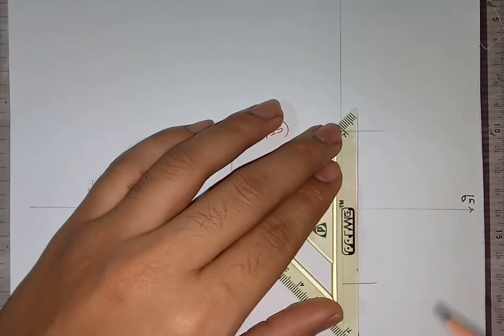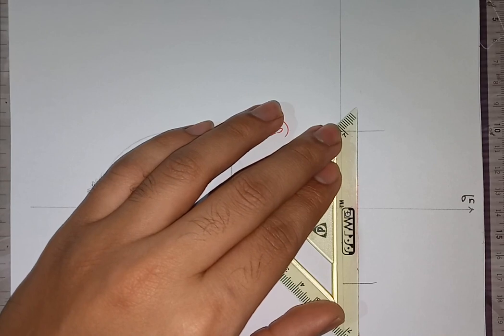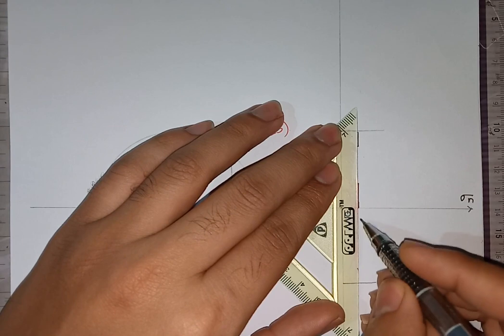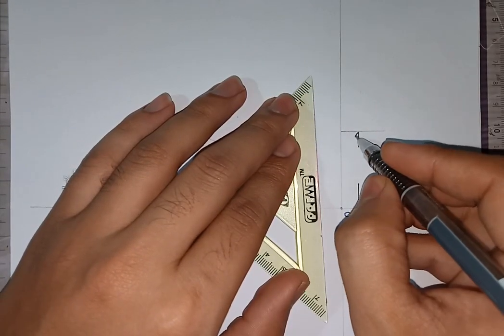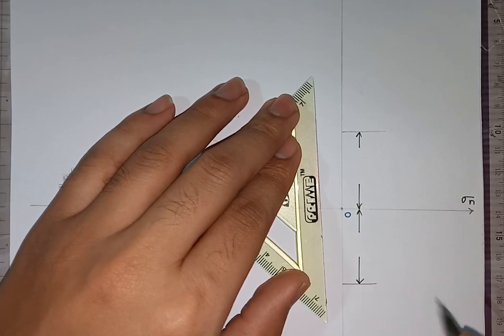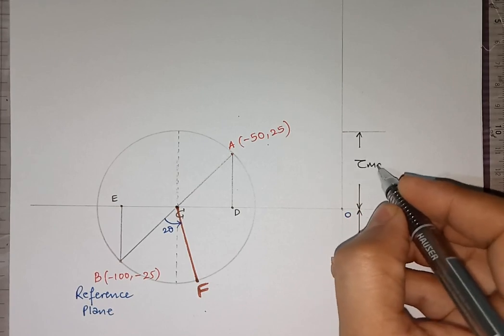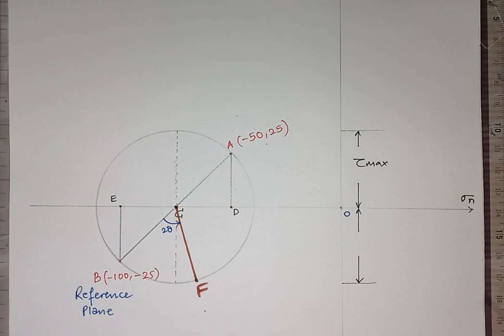These stresses which are acting here in this direction, this becomes tau max. Why tau max? Because here the value of shear stress is positive.